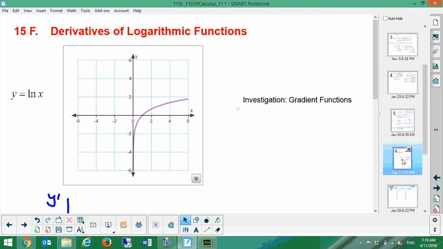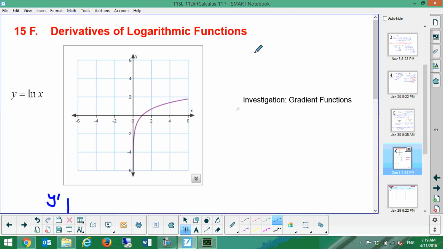So remember with our logs, your basic definition of logs is if you have some number, I'm just going to use an n for some number, and that can be written as some base to a power.